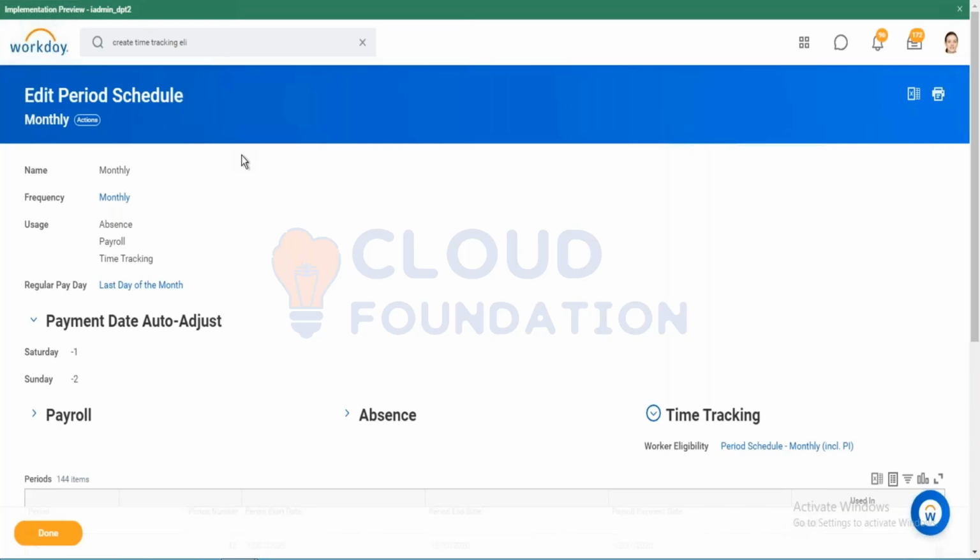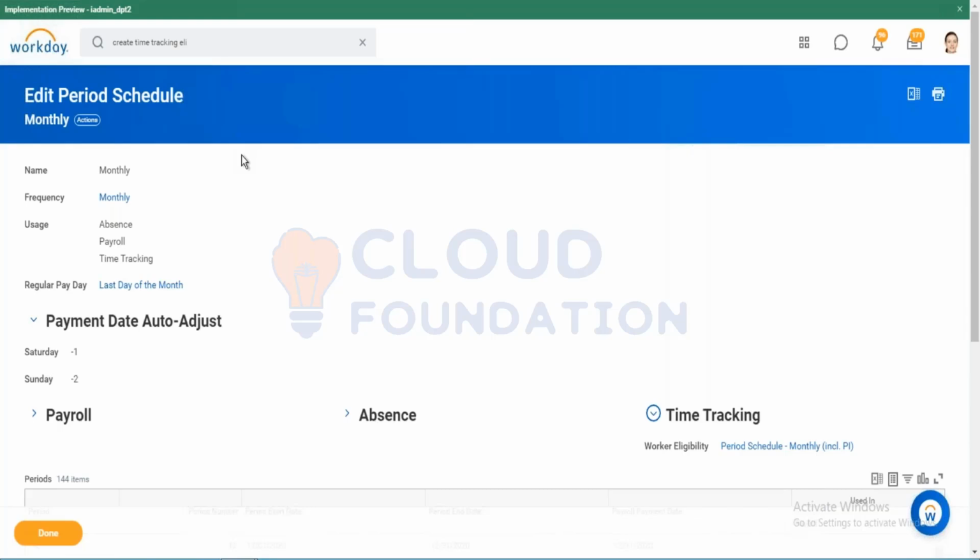Then we looked at how we enter the time, the entry types, like hours only, in and out. And we did view the period schedule and edit the period schedule as well, and the worker eligibility. Within the period schedule, we looked at the open time, lock time, unlock for adjustments, and close time entry for the given period.